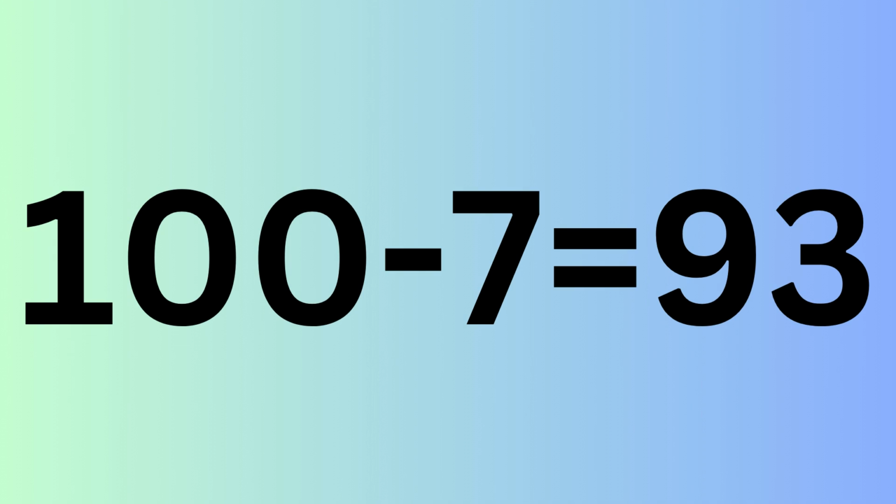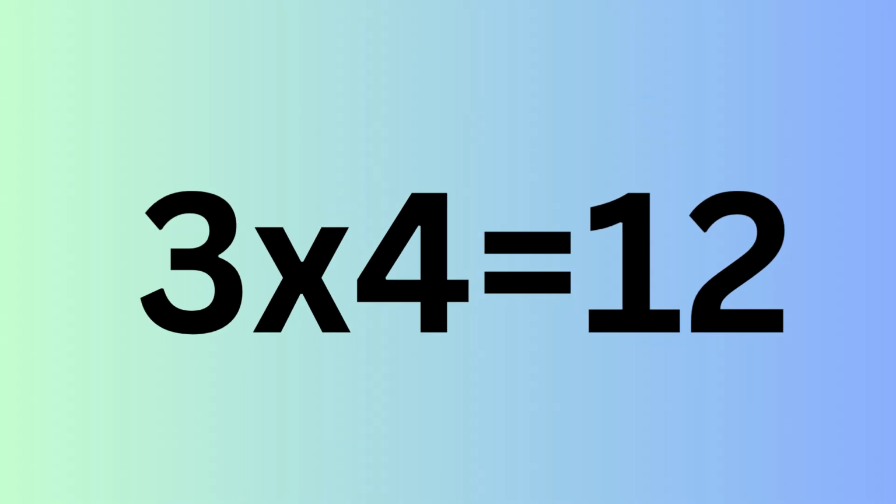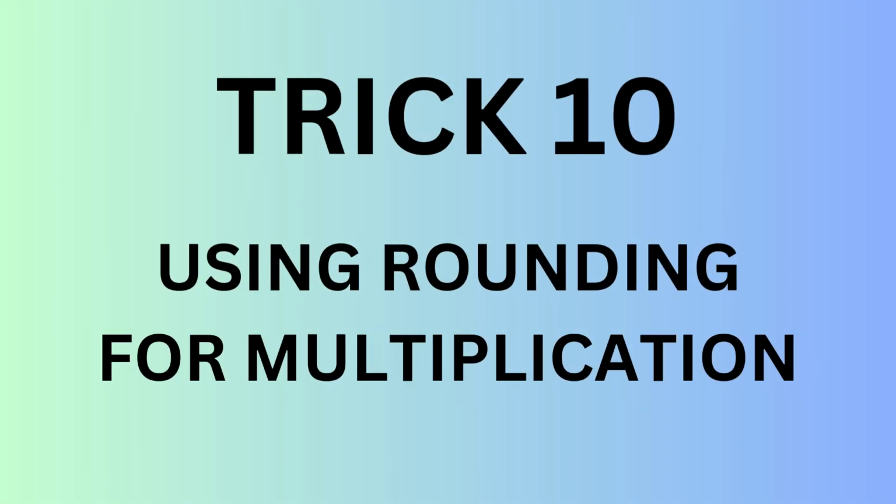Subtract 7 from 100. 100 minus 7 is equal to 93. Multiply the differences, 3 times 4 is equal to 12. Put the results together, 9,312. So, 97 times 96 is equal to 9,312. How cool is that?